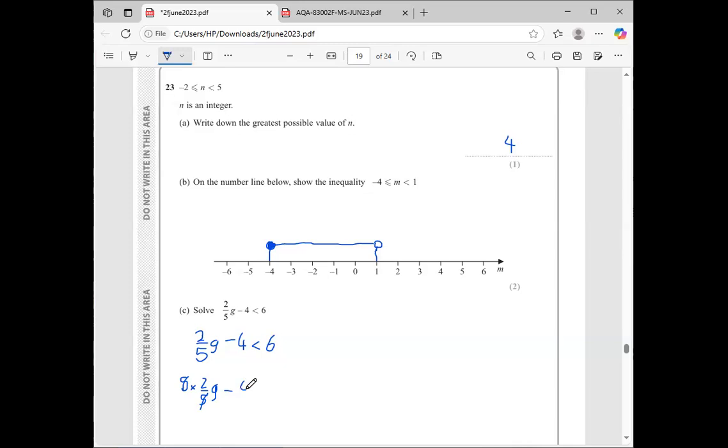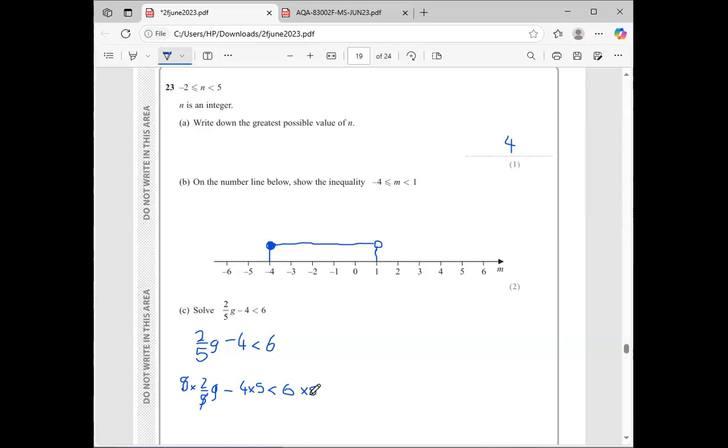Do you get it now? So that 5 will cancel itself, leaving you with 2 alone, 2G. Now, all the other terms will still have to be multiplied by 5, because you have to multiply the whole terms by the same thing. Did you get that? Yes.